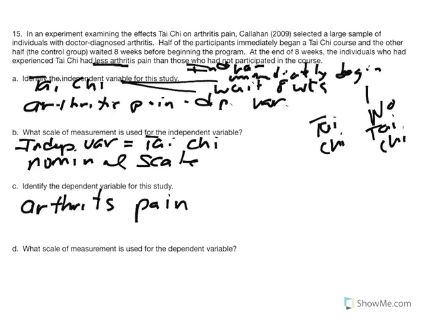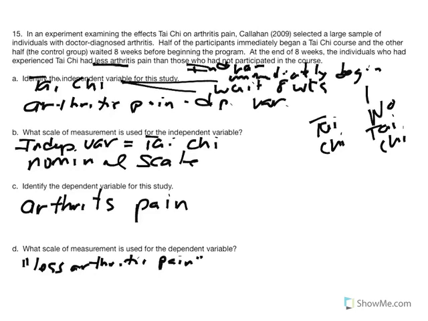So given that we are given this terminology of less pain, less arthritis pain, so I'll write that here, less pain, right, it gives us a sense of rank, right? So let's begin with nominal. Named categories.